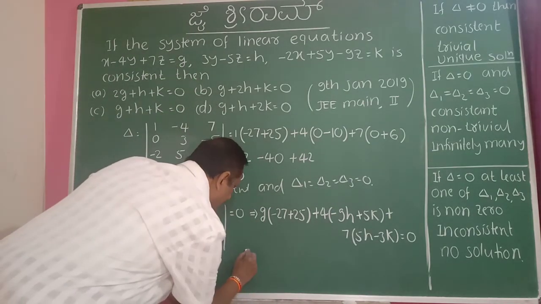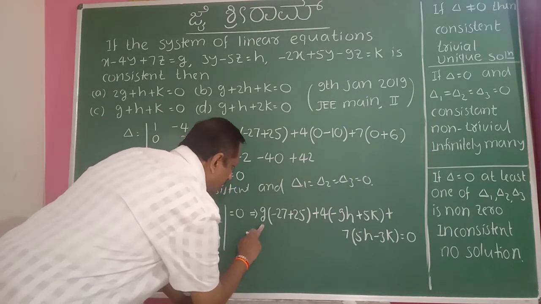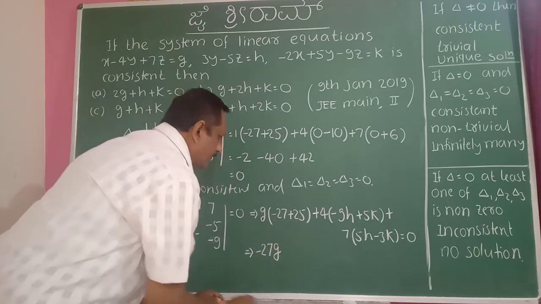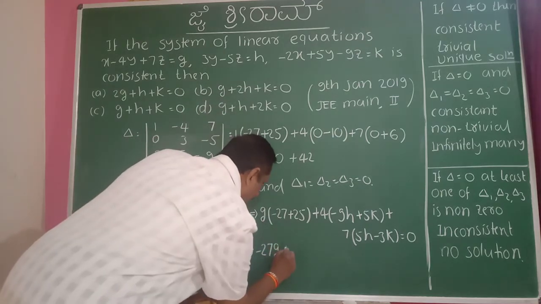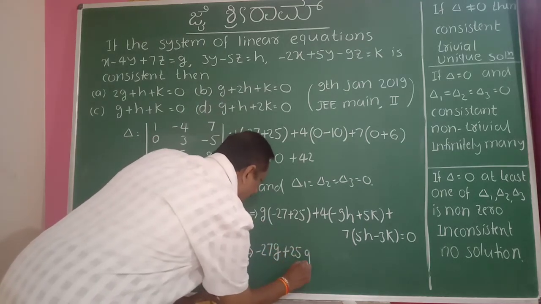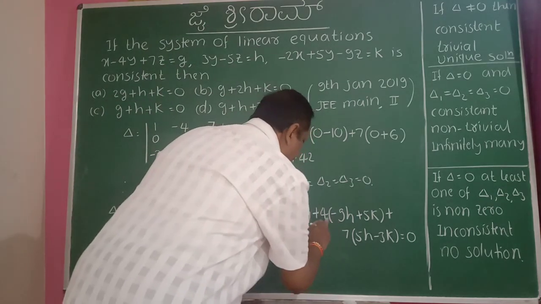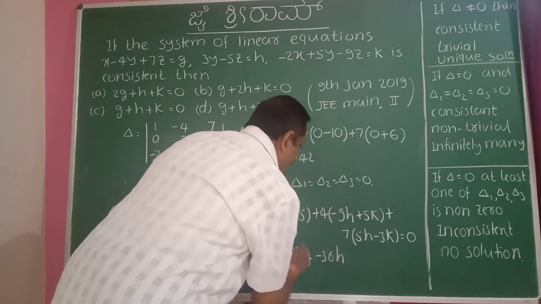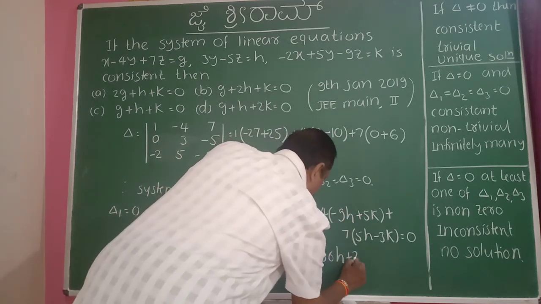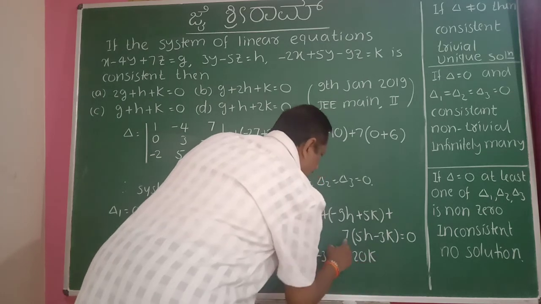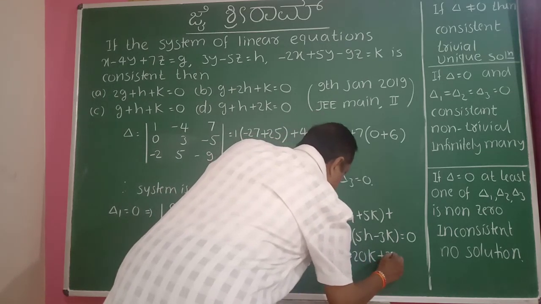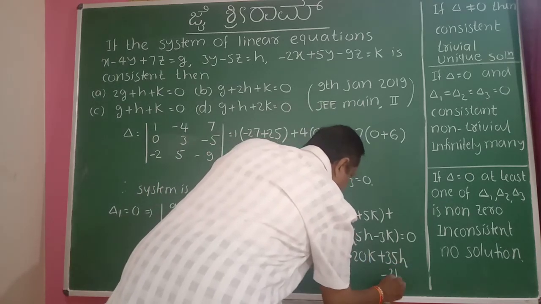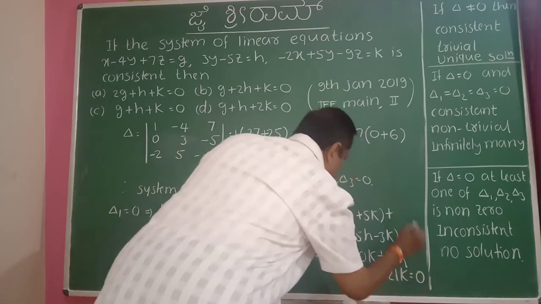Therefore g into minus 27 is minus 27g, g into 25 is plus 25g. Then 9 fours are 36, minus 36h. 5 fours are 20, plus 20k. 7 fives are 35, so 35h. 7 threes are 21, minus 21k, equal to 0.